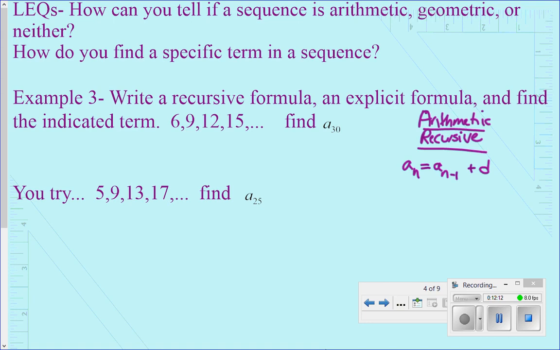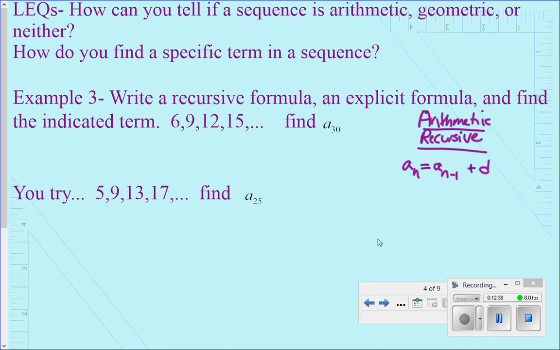It's a lot less complicated than it looks. All this is saying, the term recursive means it's referring back to a previous term. And what this means here is a sub n, that's some term of the sequence, it's equal to a sub n minus 1. Well, a sub n minus 1 is the term right before the nth term, right? So if I have like 10 for n, a sub 10, a sub 10 minus 1 is a sub 9.